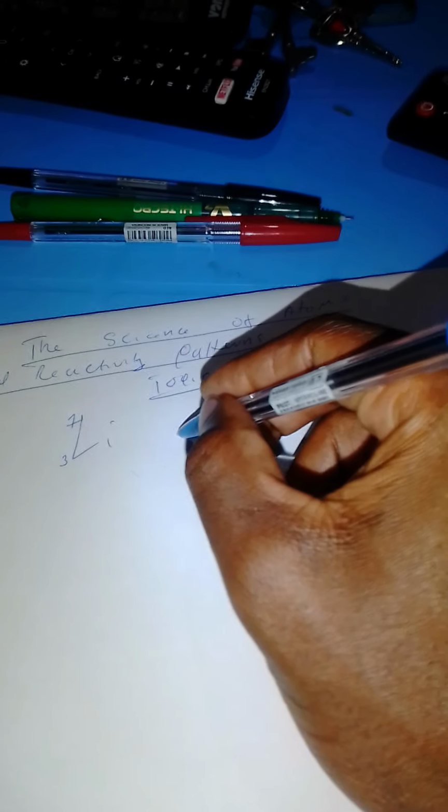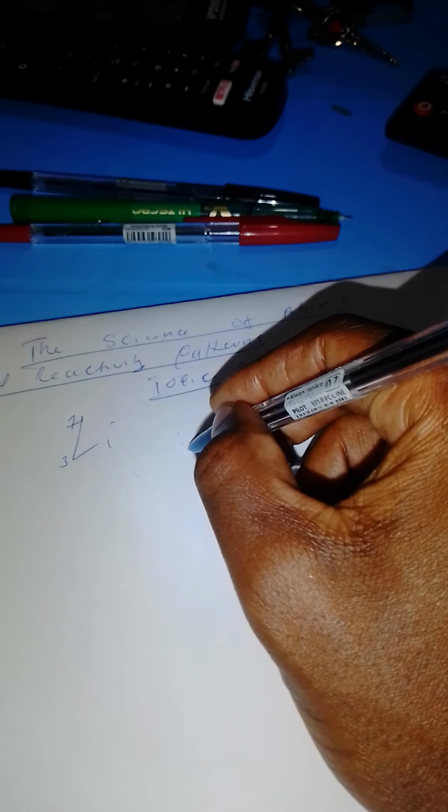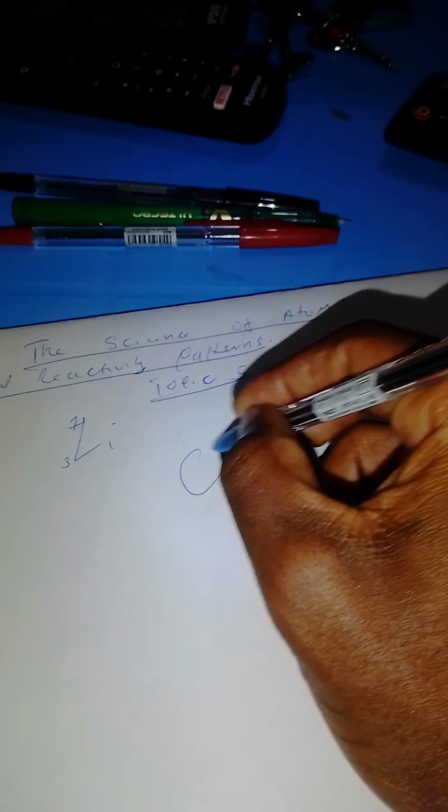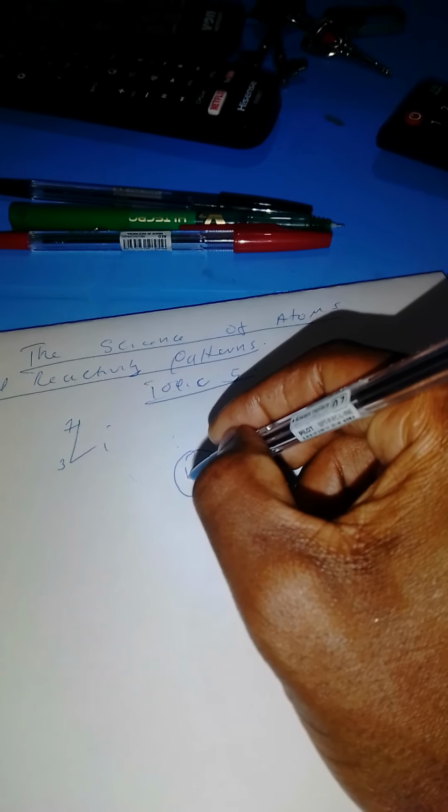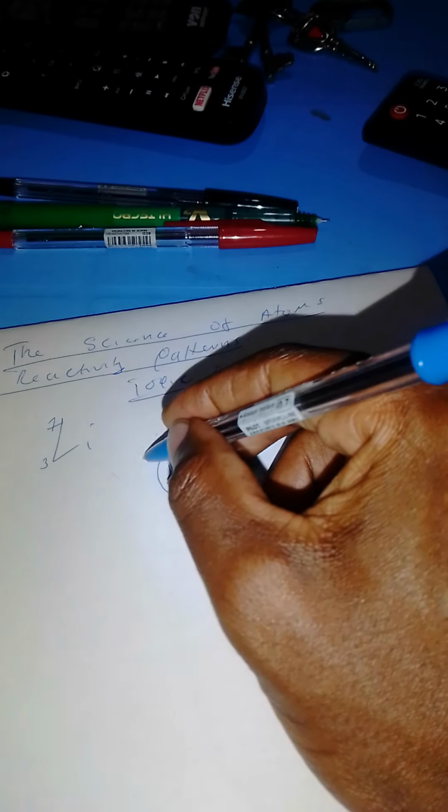Lithium has an atomic number of 3. So lithium is actually atomic number 3 and mass number 7. That's how it looks like. And we want to draw, we use these 3. So the arrangement will be: the first energy level will always take 2. But let's have the nucleus first.